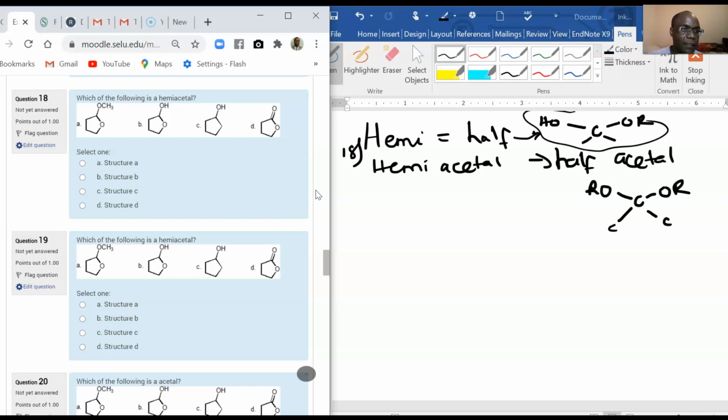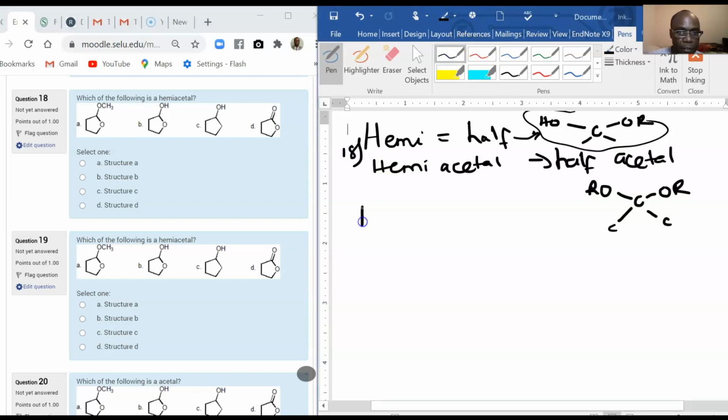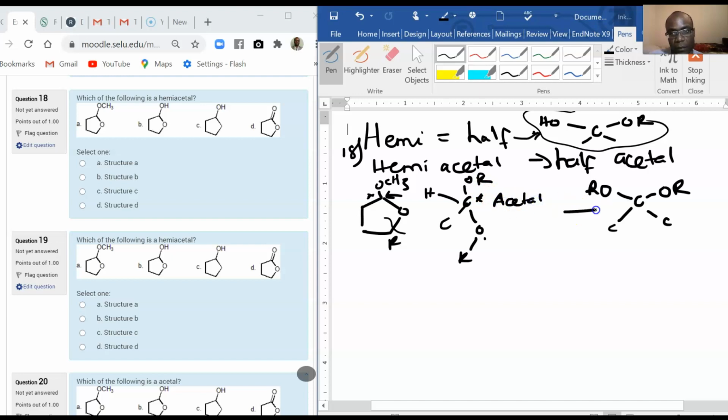This A is an acetal, because I see I have an OCH3, that's an OR group, and I have the oxygen within the ring, that's another R group. So here, looking at this carbon right there, I have OR and I have OR. Of course, I have a hydrogen on there and I have a carbon. So this one is an acetal, because it takes that general formula.